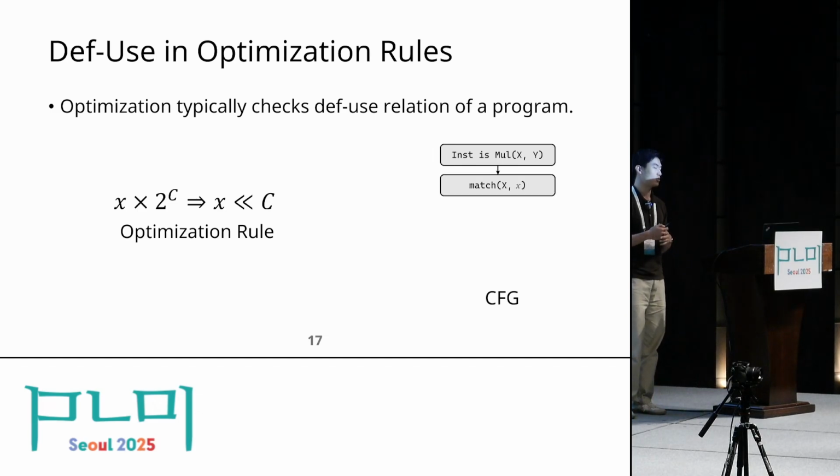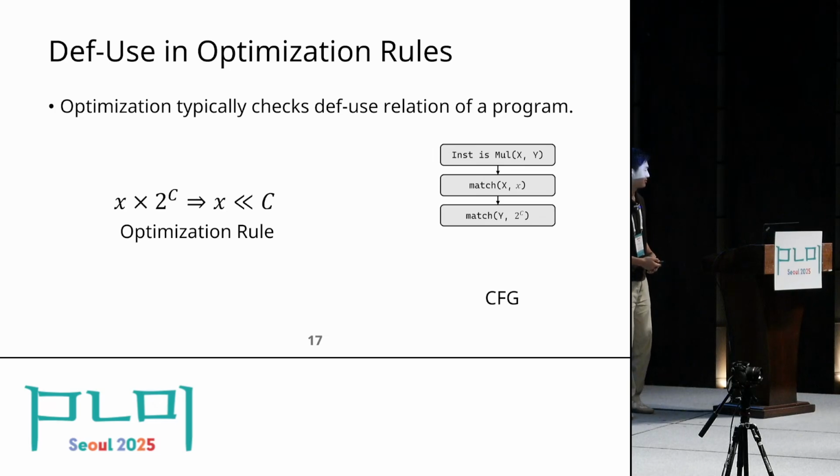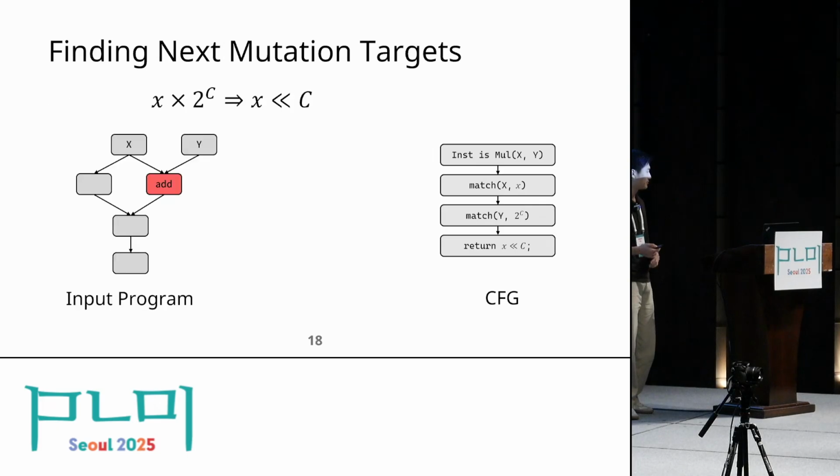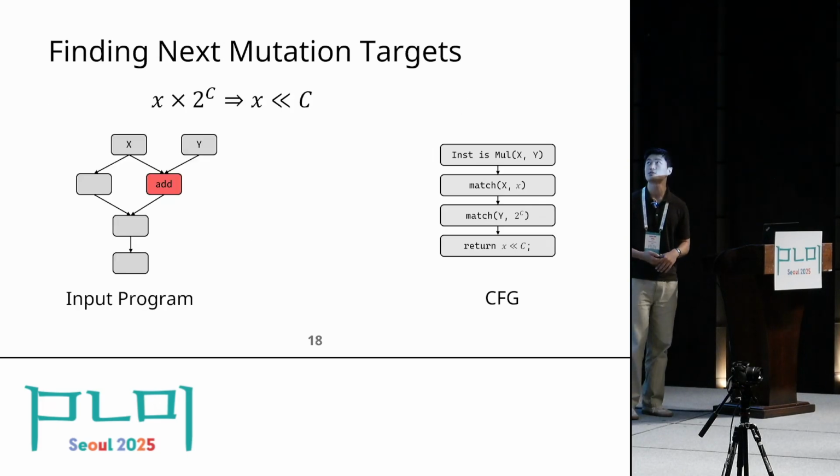The next check is going to identify the first operand and check that it is a variable x. Next, we are going to check that the second operand is a power of 2. And finally, the optimization is going to return the optimized program.